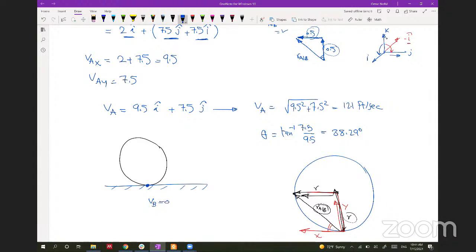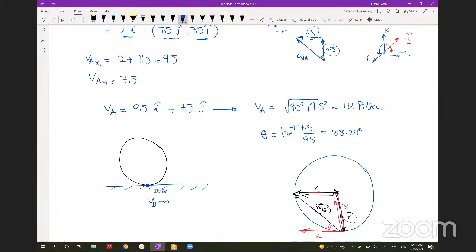And when we say that V at B is equal to 0, that means that B is an instantaneous center of zero velocity. Because the ground is not moving, V at B will be equal to 0, and we will be discussing the instantaneous center of zero velocity in detail in the next lecture.